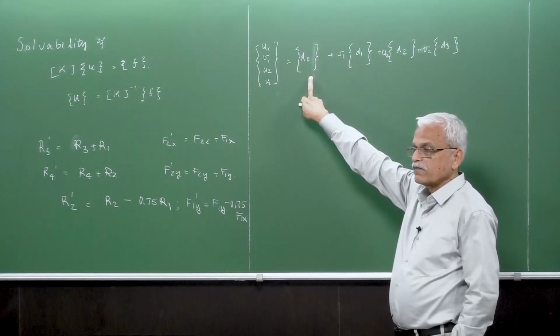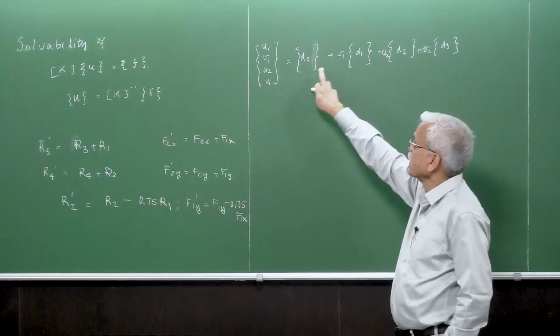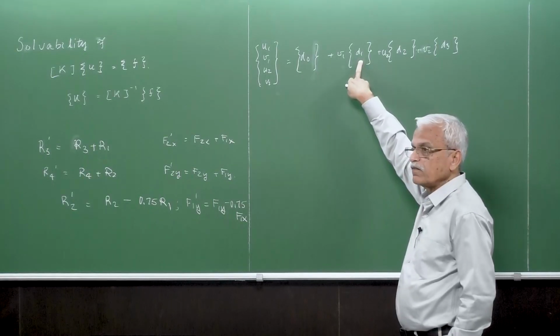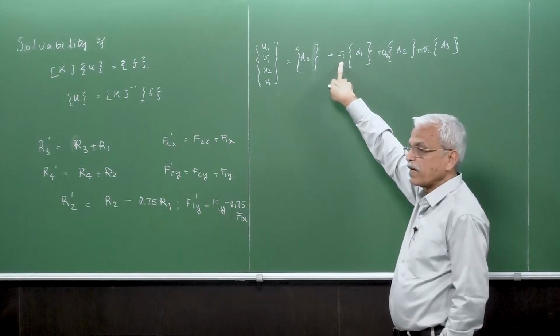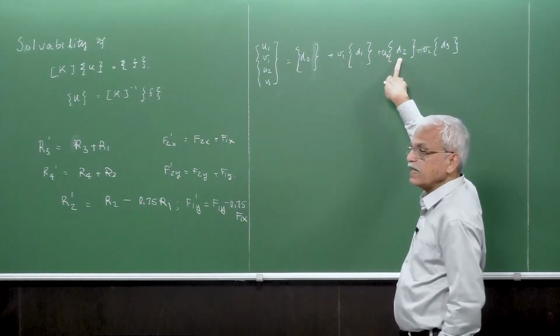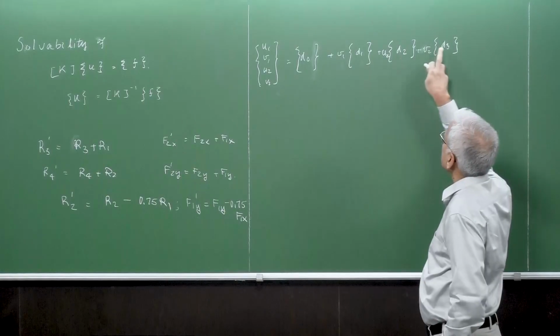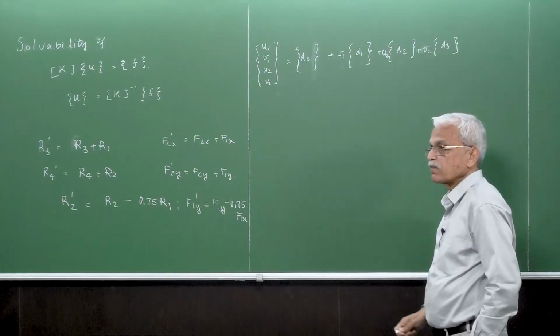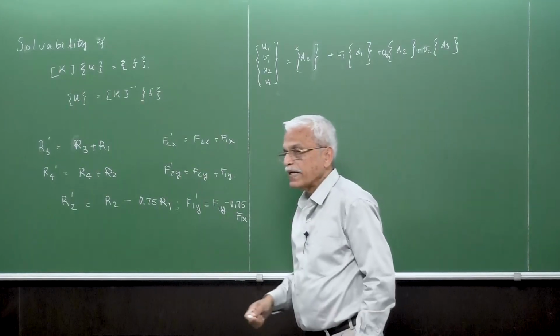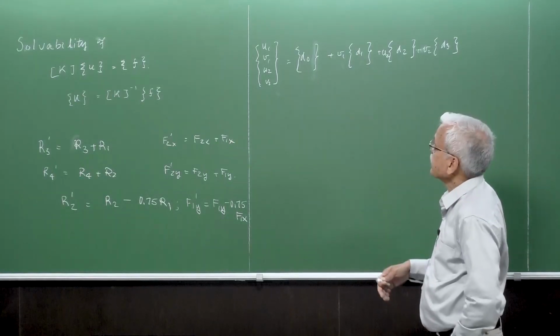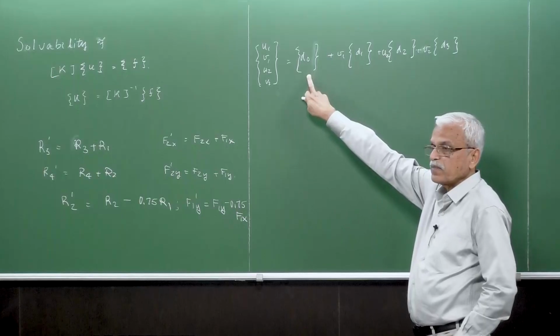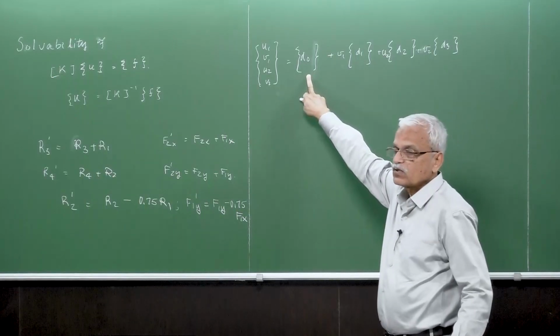The first vector has been written as D naught, and this is D1, which is nothing but minus 0.75, 1, 0, being multiplied by V1, and this D2 is nothing but 1, 0, 1, 0, and this D3 is nothing but 0.75, 0, 0, 1.